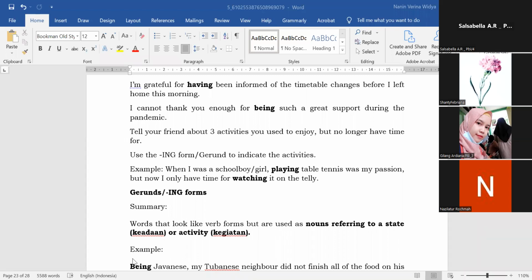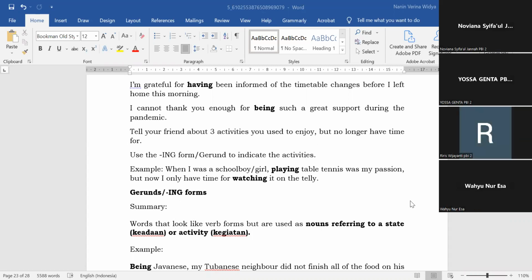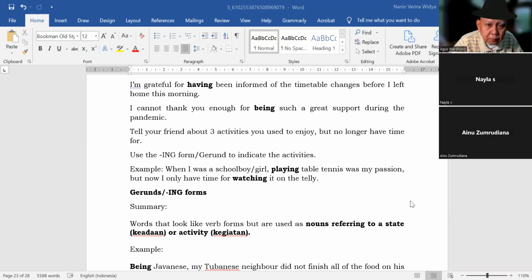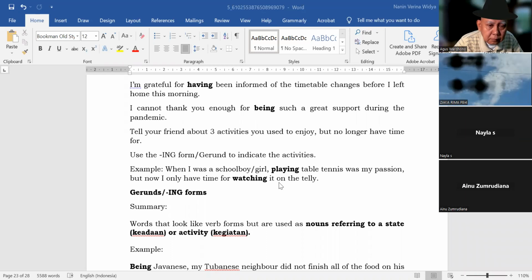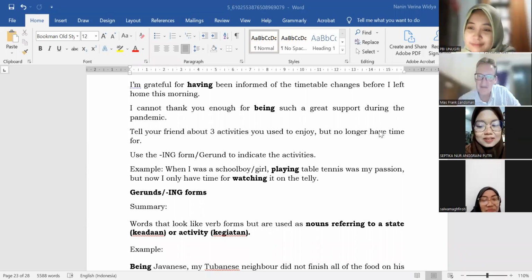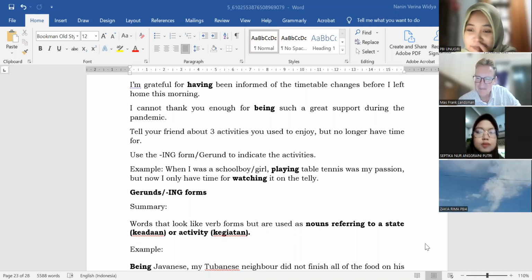Don't be shy. I think Salwa wants to try it. Yeah, okay. Let's try. Salwa. Don't be nervous. It's just an example. It doesn't matter if it's slightly wrong. Just give an example. Harus berani ya.